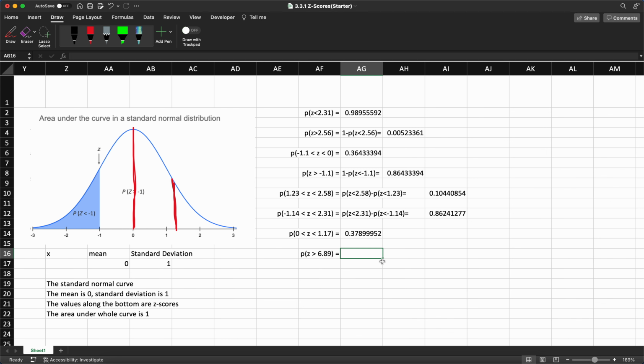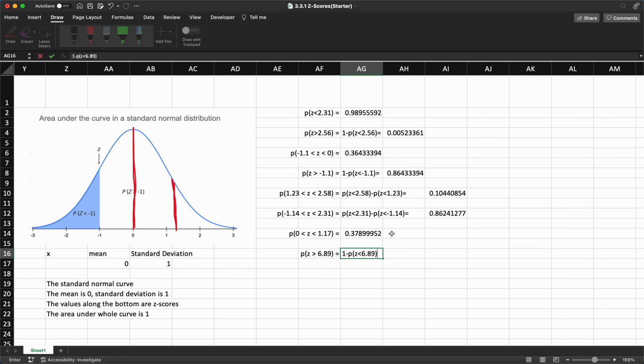So we want the probability that z is greater than 6.89. So again, that's going to be 1 minus the probability that z is less than 6.89. But let's just pause for a second and think about what this means. Where is 6.89? Well, 6.89 is way over here on this graph.